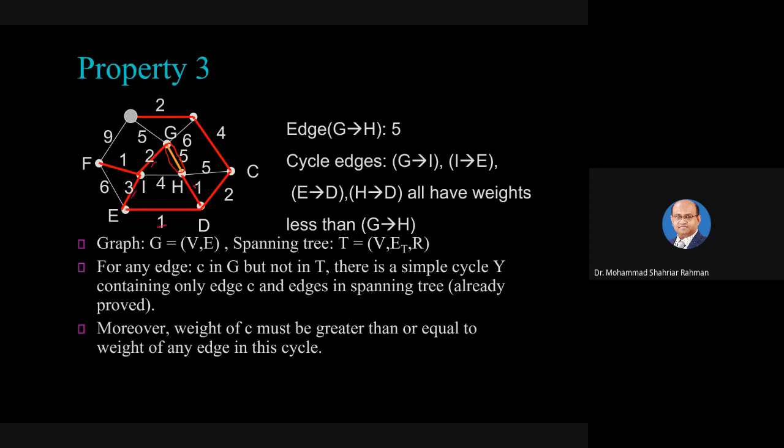So the new edge that is causing the cycle to form will have greater weight than the rest of the edges of that particular cycle. ঠিক আছে, এই তিনটা প্রপার্টি তো আমাদের দেখা হচ্ছিল, রাইট?